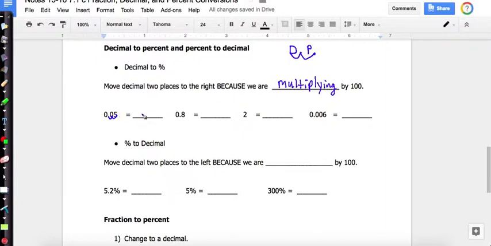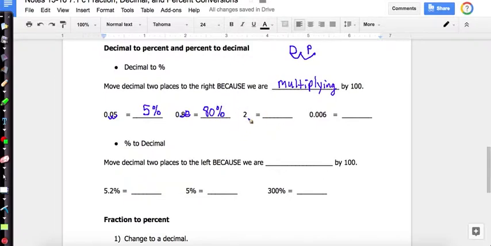So what is that number? 5%. And notice when the decimal moves to the end, we don't write it, just like we did when we learned scientific notation. Okay, 8 tenths. 2 to the right, 1, 2. What can I drop here? A 0, so this is 80%.